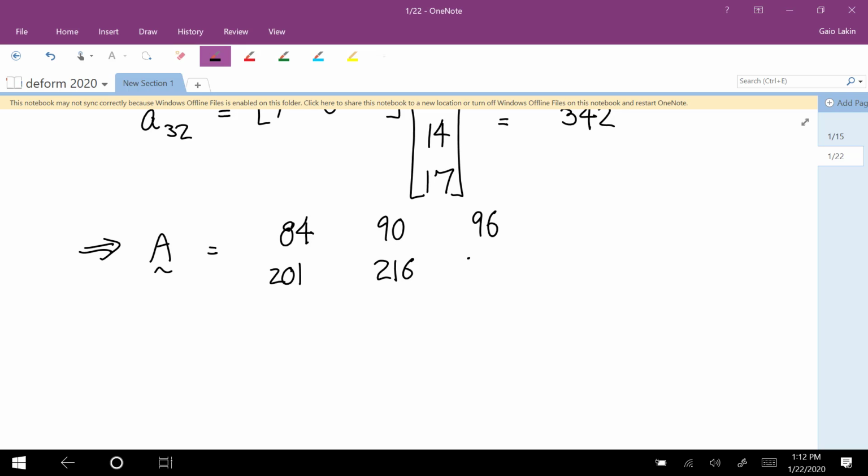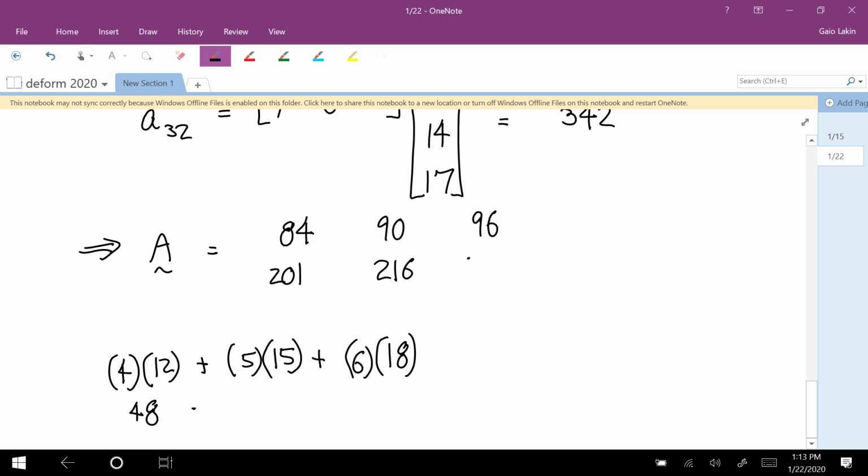So that would be the dot product of the second row and the third column. So that would be 4 times 12 plus 5 times 15 plus 6 times 18.